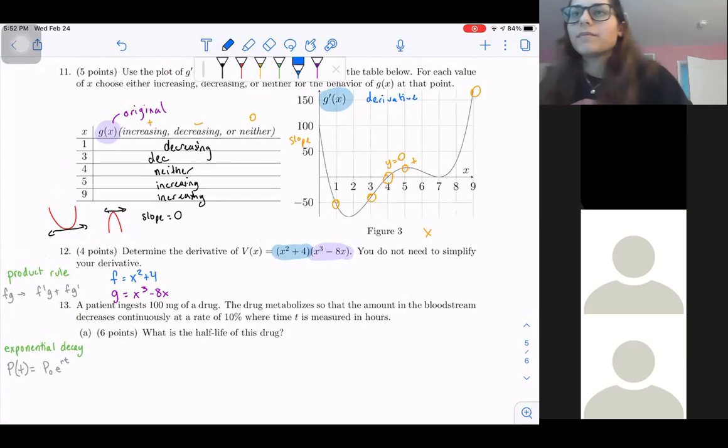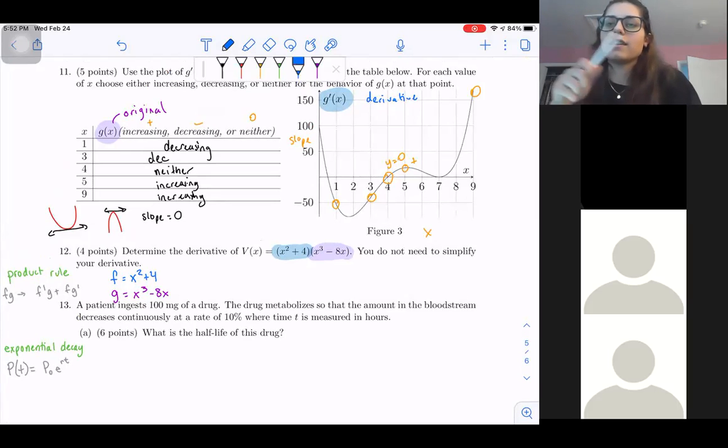How come 3 is decreasing? Okay, yeah, so we want to make sure that we're looking at the fact that this is a derivative function, right? And not the original function. So we're looking at not what the graph of the derivative function is doing, but is the function negative or is it positive? So at x equals 3, our y is negative, right?